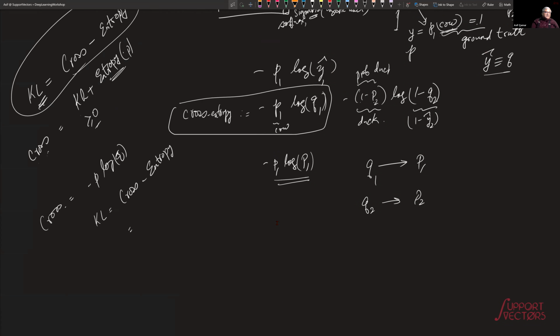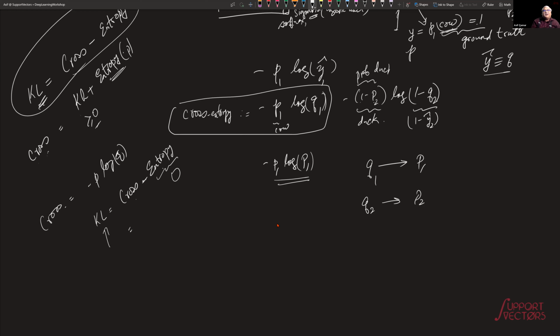And now comes an interesting fact. Is it in some sense KL divergence? Are we minimizing KL divergence even in a binary classification problem? Yes, we are, because think about it this way: KL is cross minus entropy. So if you minimize KL, the entropy of the ground truth is what? 0.